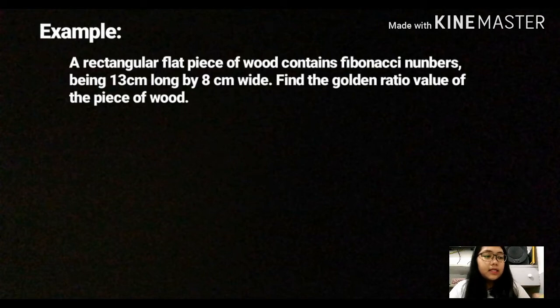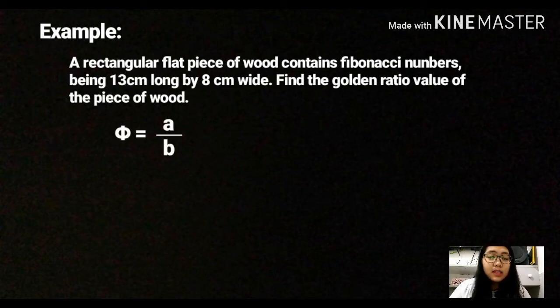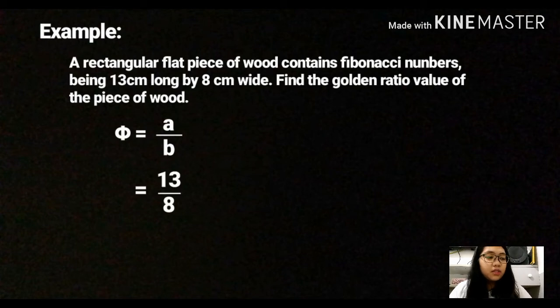It says here that a rectangular flat piece of wood contains Fibonacci numbers being 13 cm long by 8 cm wide. Find the golden ratio value of the piece of wood. So using the formula phi is equal to A over B, substitute A as 13 and B as 8.